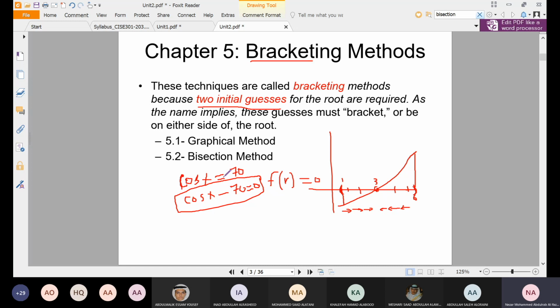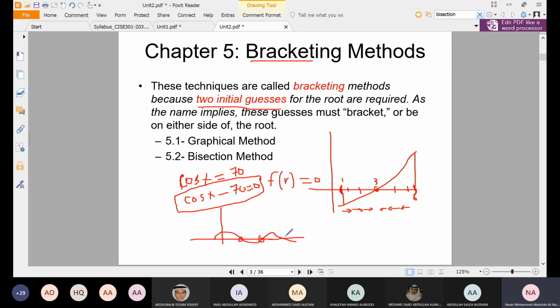So the graphical method is one of the easiest methods that we use, and usually we do this using software or computers. So I just draw or plot this function. For example, I got a function like this. After that, by looking at the intersection between the graph of the function that I have and the x-axis, I have here an intersection or cross.